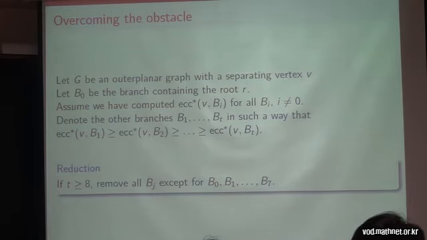It's as many as the number of partitions of these connected components alongside U and V. But this part is bounded by 8, and this part is bounded by 8. So there can be just 2 to the 16 possible partitions of these connected components. This is big, but still it's affordable. So I have bounded the number of tuples that we have to consider.